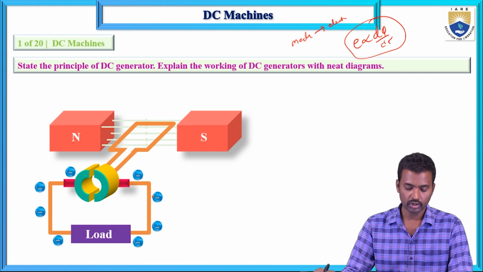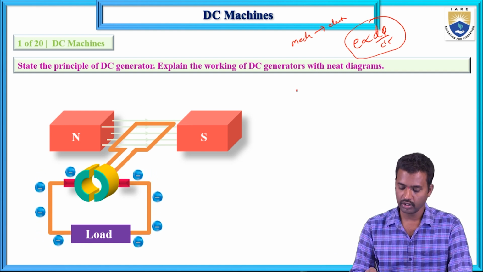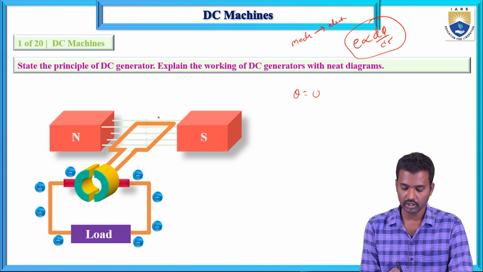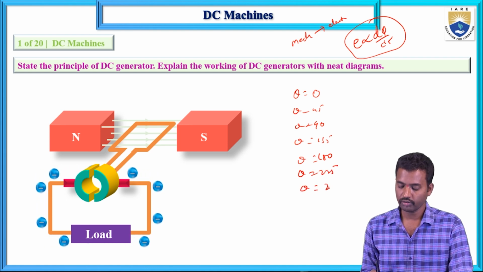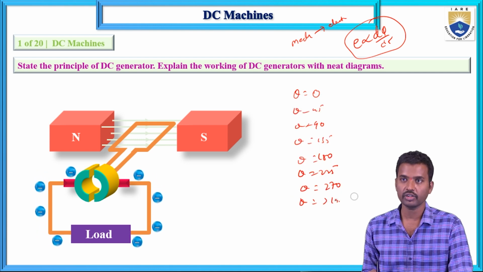Now for the rotating conductor, first take theta equals 0 degrees, then theta equals 45, 90, 135, 180, 225, 270, 315 and 360 degrees.